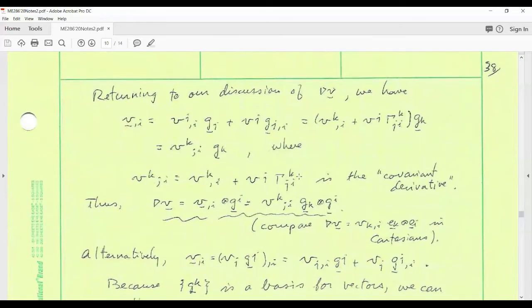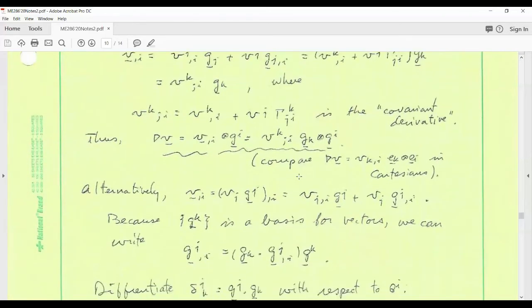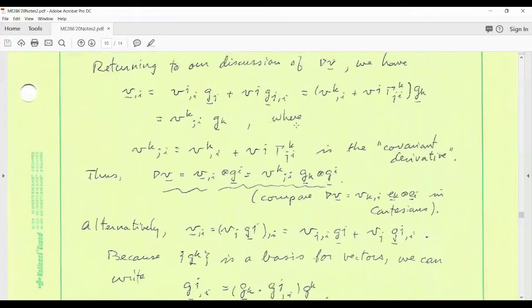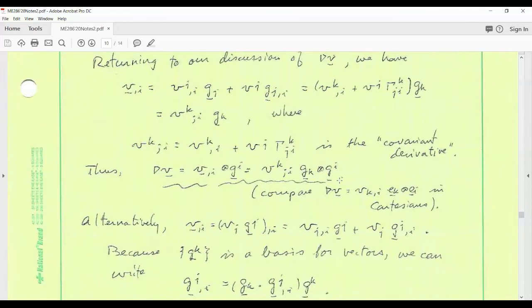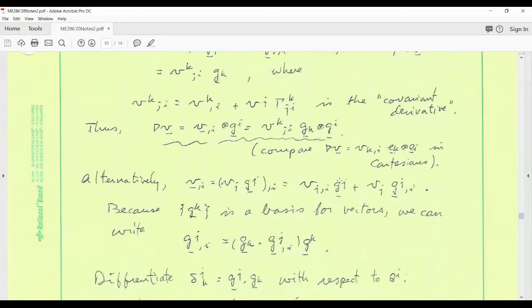Okay. That's called the covariant derivative of V super k. So that altogether, if you remember that gradient V is this, and now we have a formula for V comma I in terms of these covariant derivatives, we have now this representation of the gradient of V in terms of these so-called covariant derivatives.